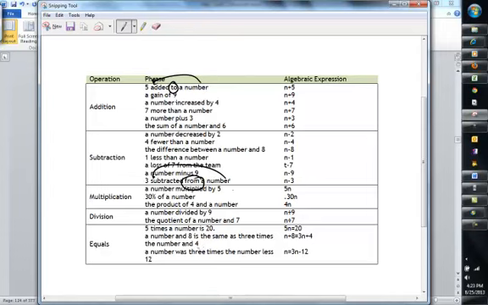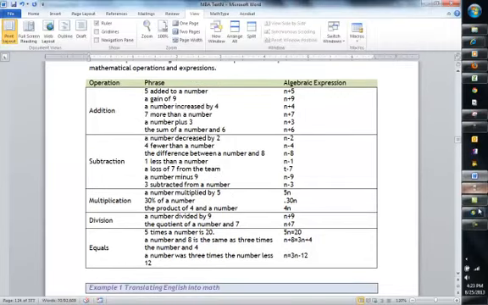And when you have the word than, you switch the order. So those three words, you switch the order as you're going through the problem.